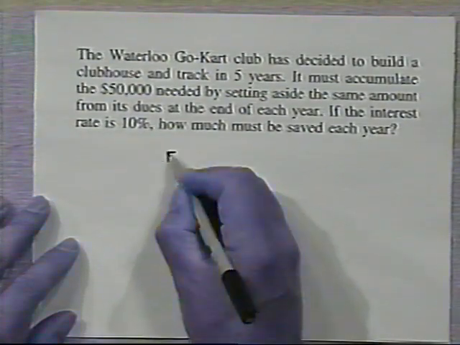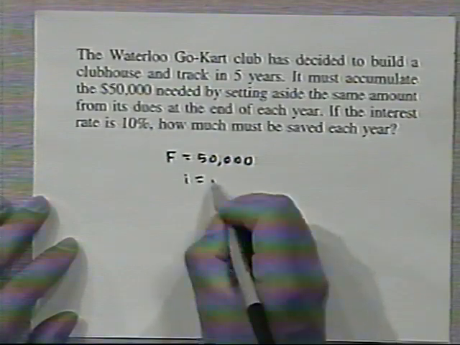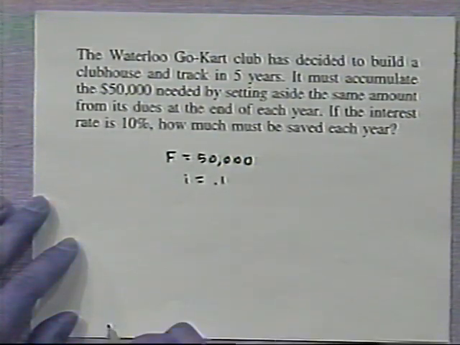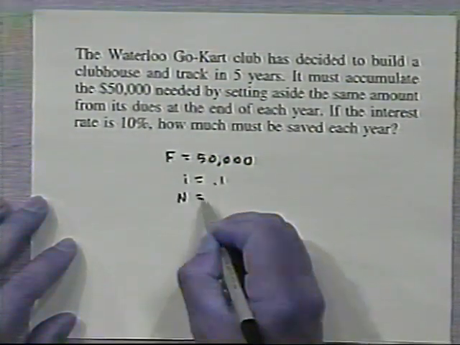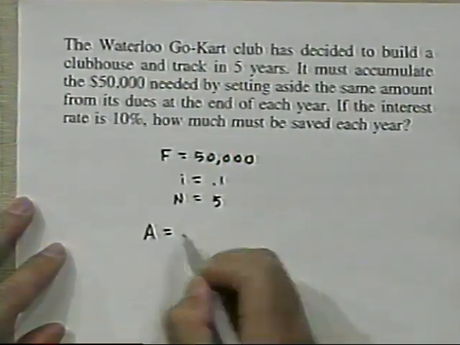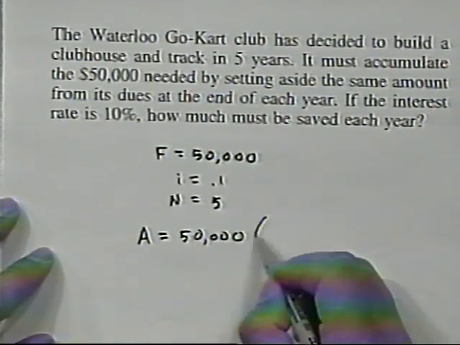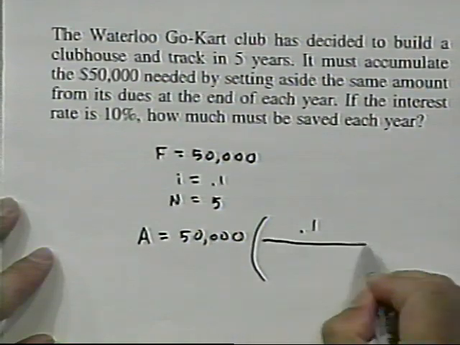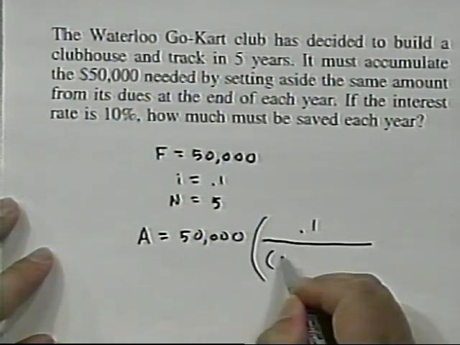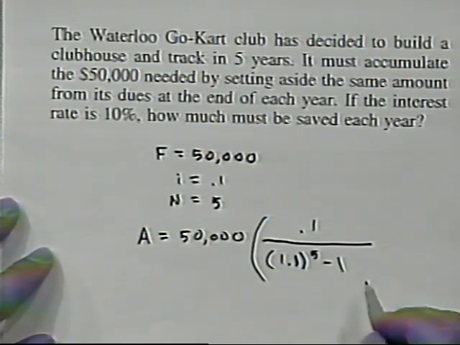Going back to our original problem then, we have our future worth of $50,000. We have an interest rate of 10%. We have a number of periods of 5. We can then see that the annuity we need is 50,000 times 0.1 over (1.1 raised to the 5th power minus 1).